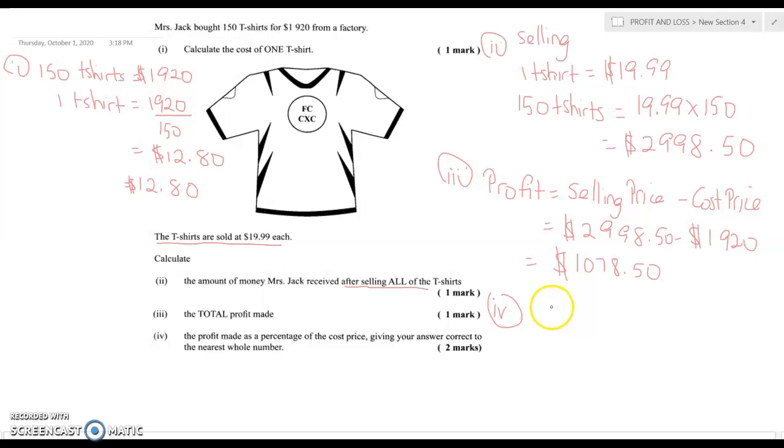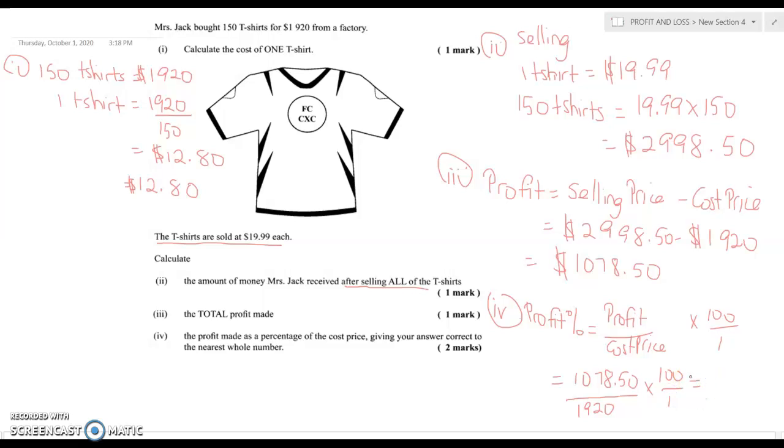And then part 4, we want to find the profit made as a percentage of the cost price, giving your answer to the nearest whole number. So to find your profit percent, it's profit over cost price times 100 over 1. My profit is what we just found in part 3, $1,078.50, all over the cost price, which was $1,920, multiplied by 100 over 1.